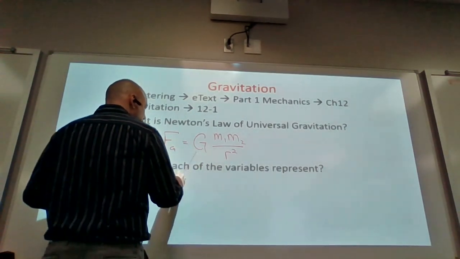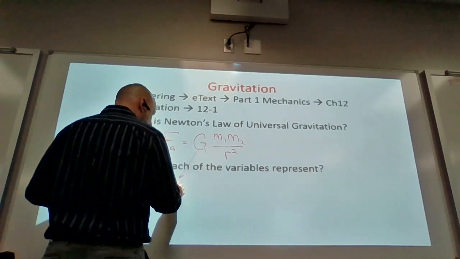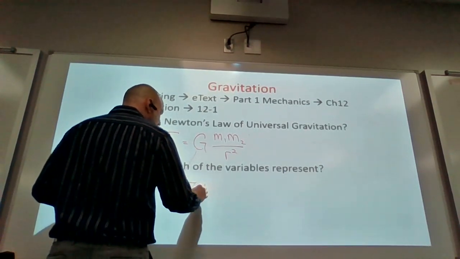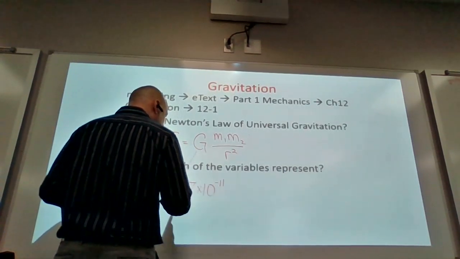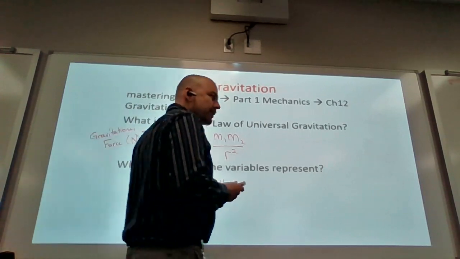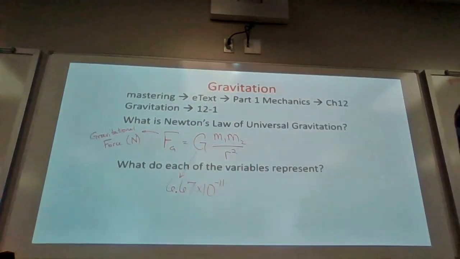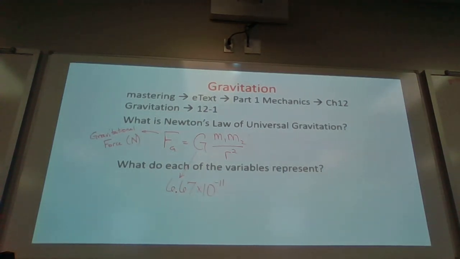G is a gravitational constant. This is 6.67 times 10 to the negative 11th. That is always that number. You will not have to memorize that. I will give that to you.